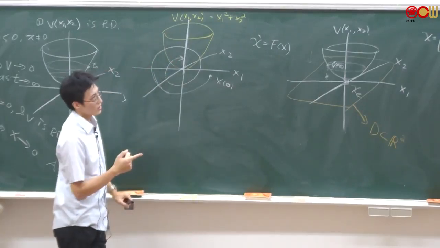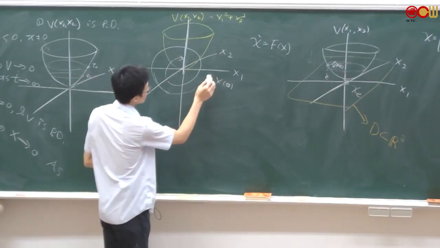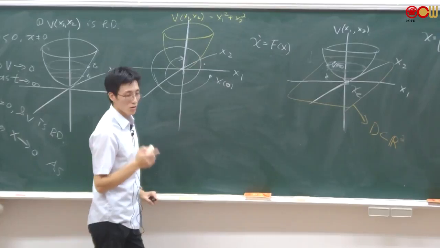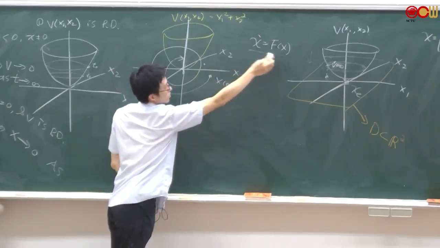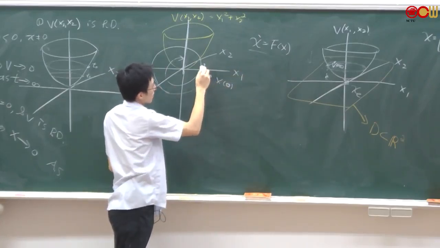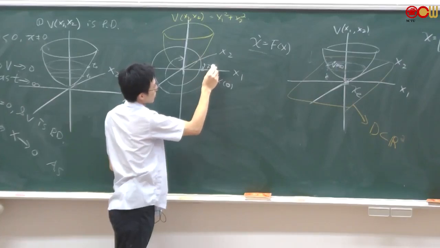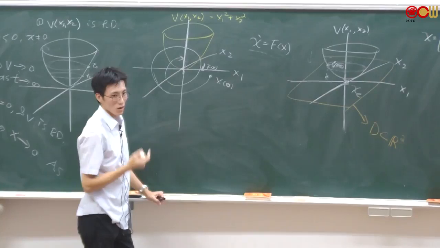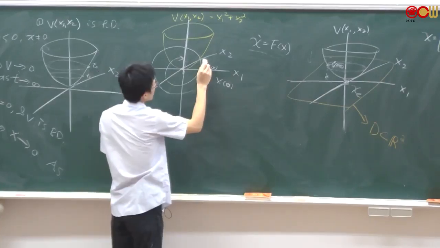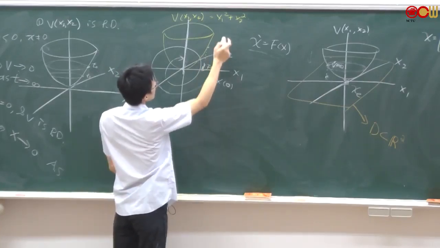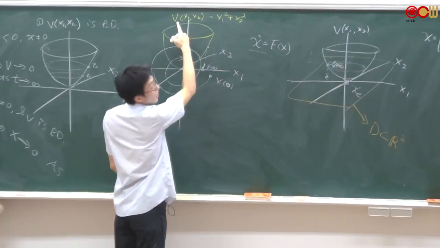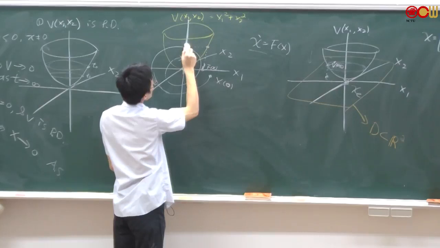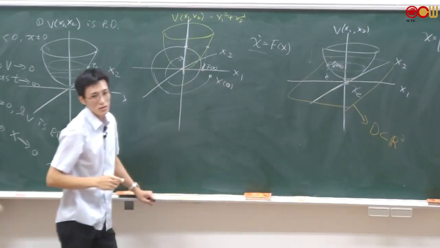And why you utilize this function is, given any point here, according to this vector field, there is this vector describing the motion of this state at this location. If you substitute into this function, you will get a V value, which is on this z-axis.